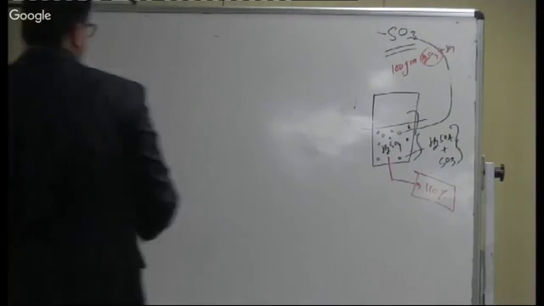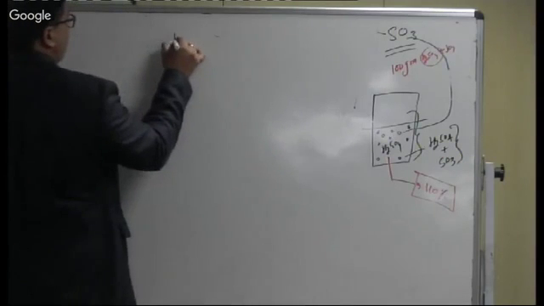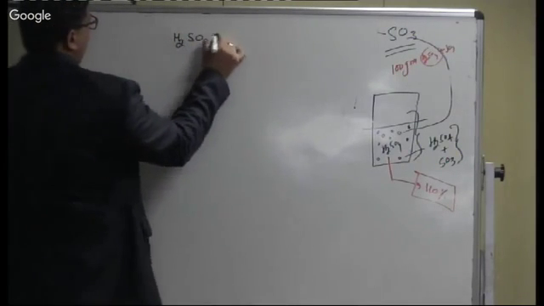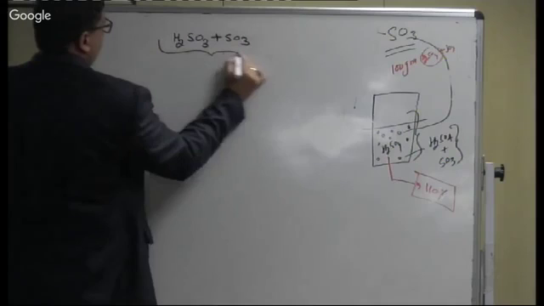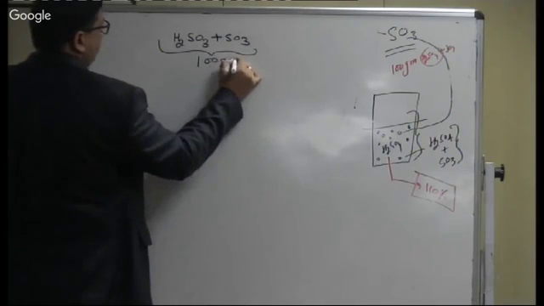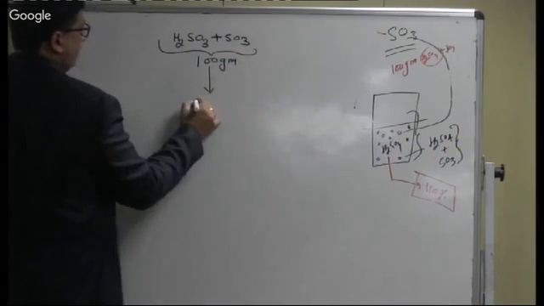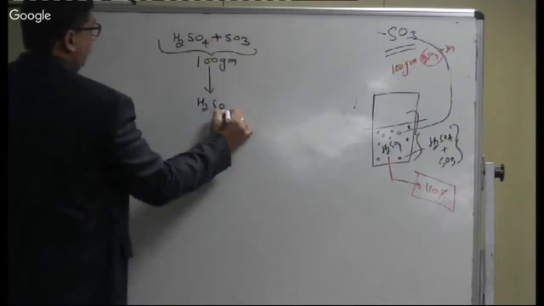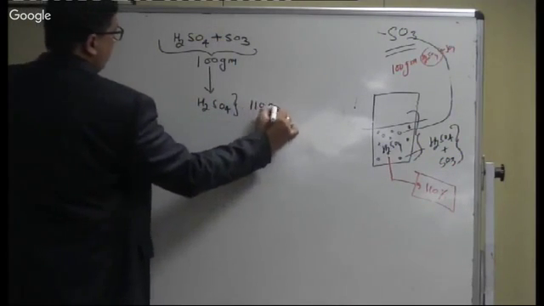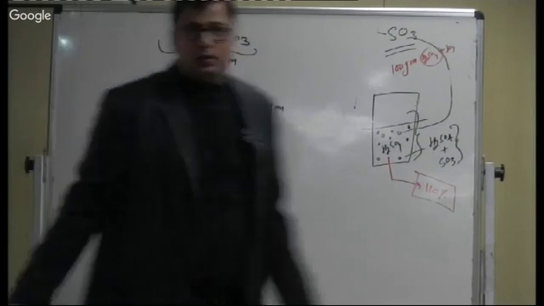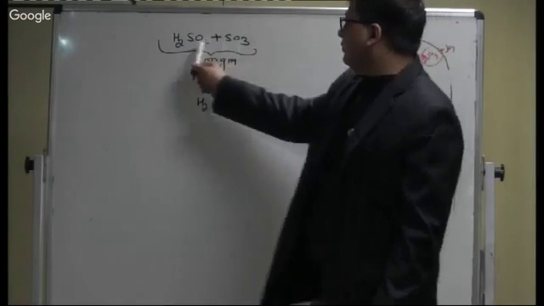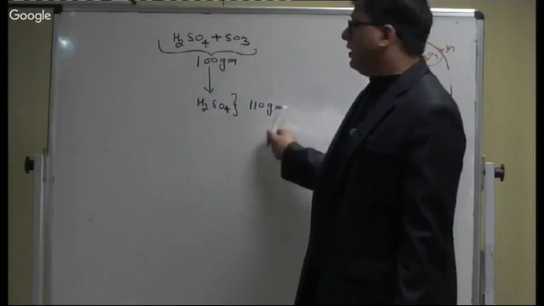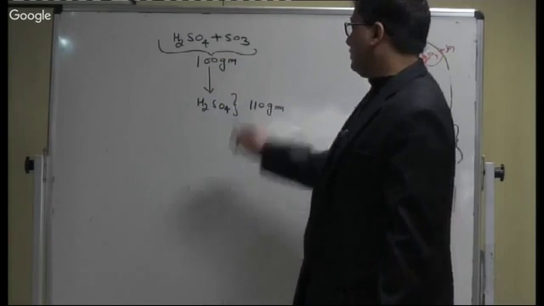See, there are two methods to calculate this question. One is H2SO4 plus SO3, the weight is 100 gram. If the percentage is 110, that means the H2SO4 formed is 110 gram. From 100 gram of H2SO4 plus SO3, you will produce 110 gram H2SO4.